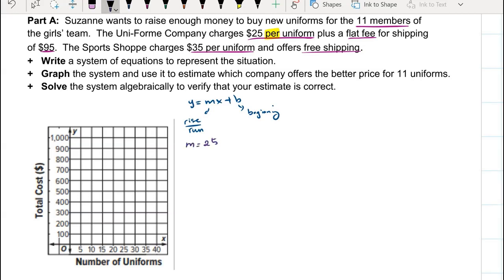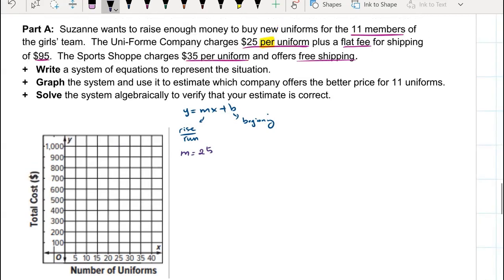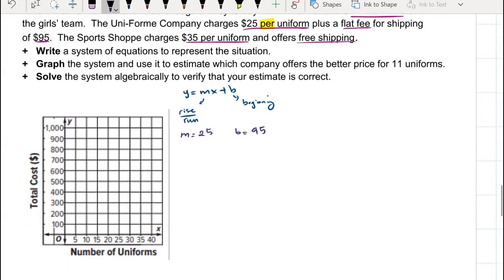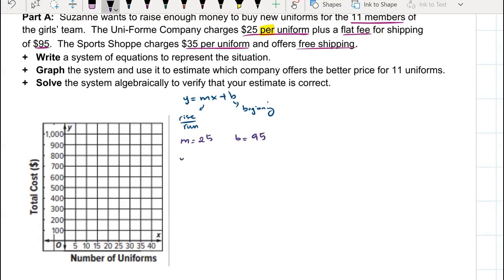And for the beginning, they say a flat fee for shipping, which means the fee you pay one time, is the beginning fee without buying any uniform yet. So b is going to be $95. So our equation will be y equals 25x plus 95.